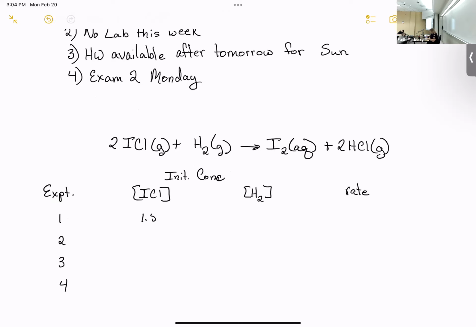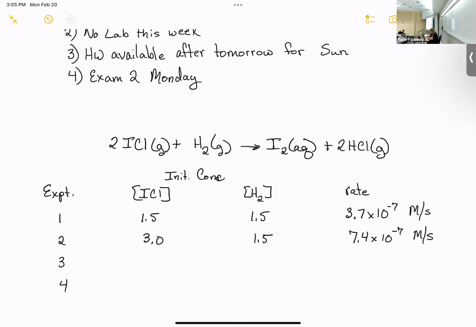The first experiment had an ICl concentration of 1.5 and a hydrogen concentration of 1.5, with the rate being 3.7 times 10 to the minus 7 molar per second. We had a second experiment, which was 3.0 for our ICl, 1.5 for the H2, and it had a rate of 7.4 times 10 to the minus 7 molar per second.